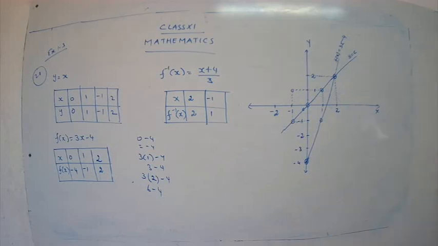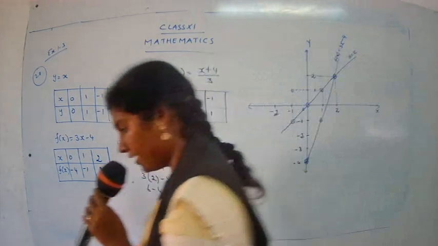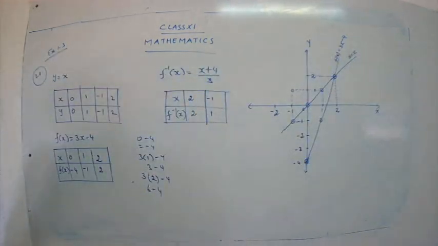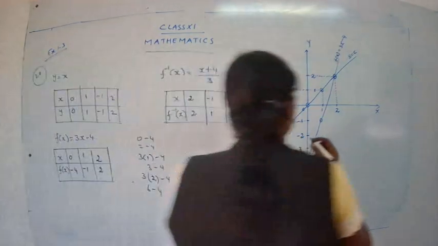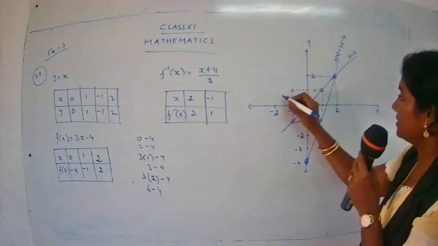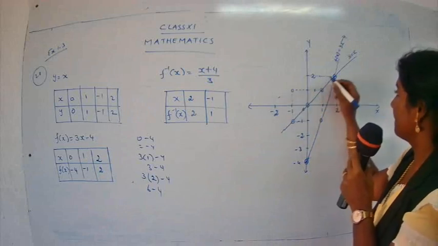Okay. So plot the point. Try to join them using your scale. Okay, let's join. Join the points. So here you get the points. So from here, it's somewhat like this.